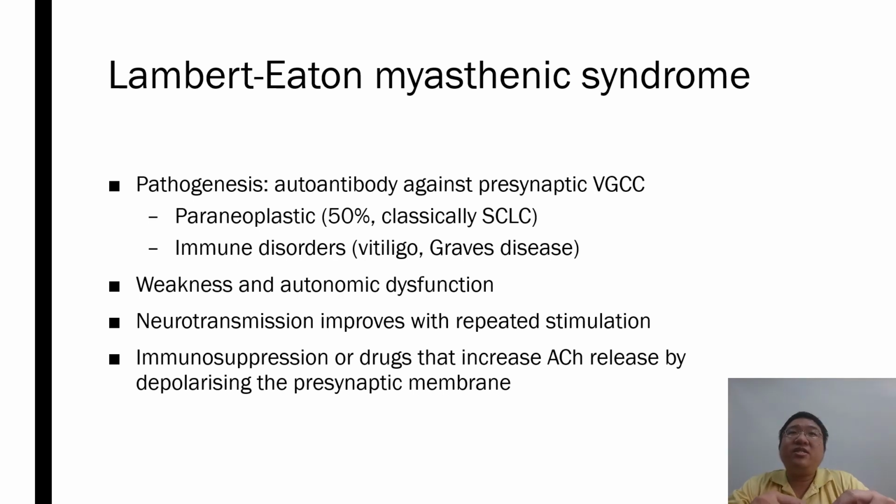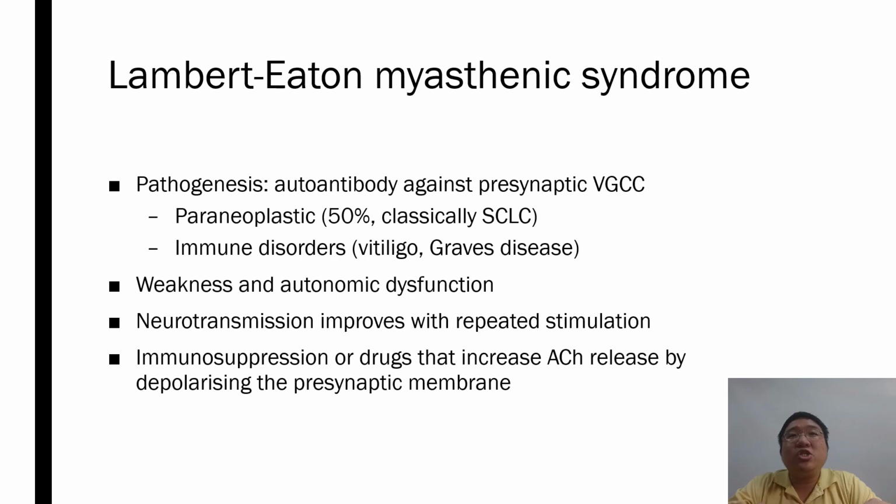The next condition is Lambert-Eaton myasthenic syndrome. This condition is also important. It may be a sign of more serious conditions inside, because 50% of this condition result from small cell lung cancer.